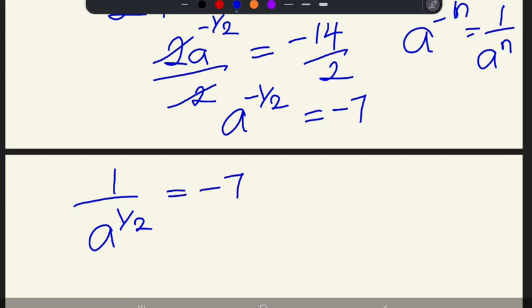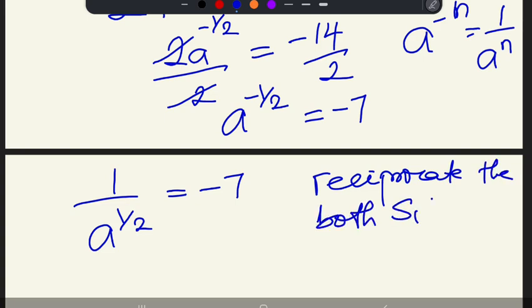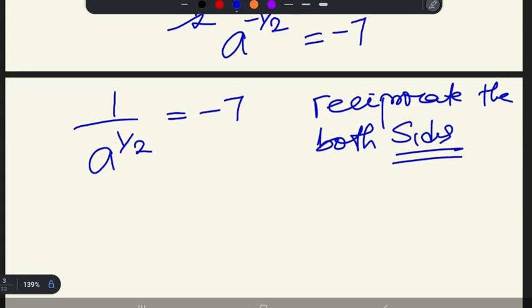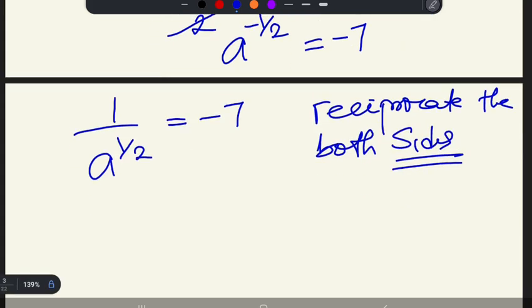So let's reciprocate both sides. If I reciprocate both sides, this 1 over a raised to power half turns to a raised to power half, not minus half again, is equal to 1 over minus 7.